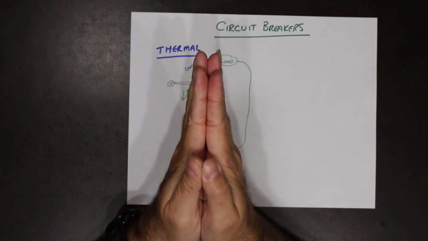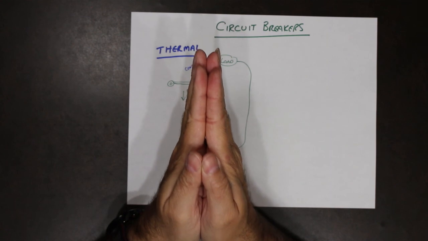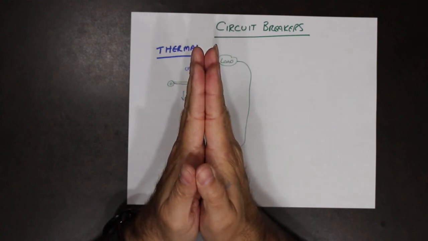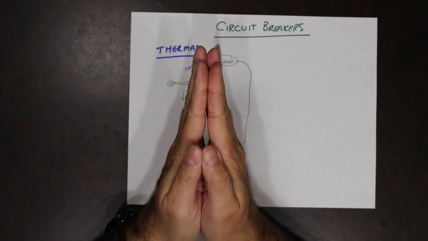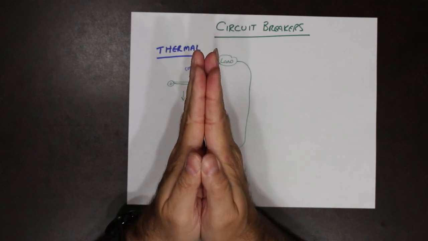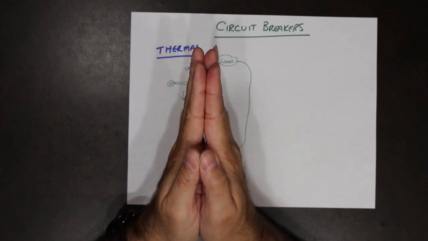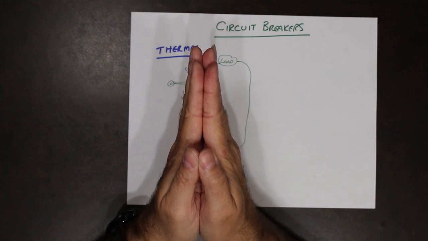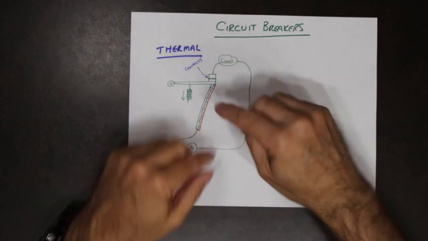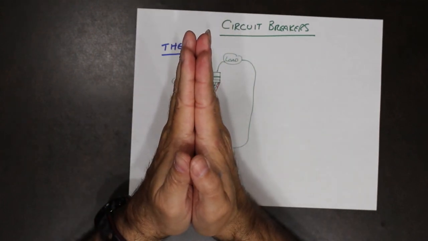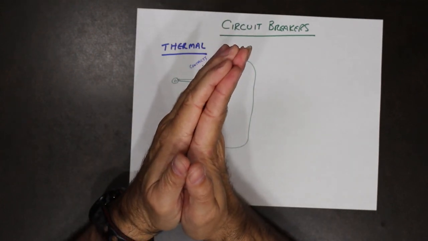So when the metal is heated up, because it's two different types of metal, they have two different coefficients of thermal expansion. That means they expand at different rates as they're heated. So as these two pieces of metal are heated, they start to bend.